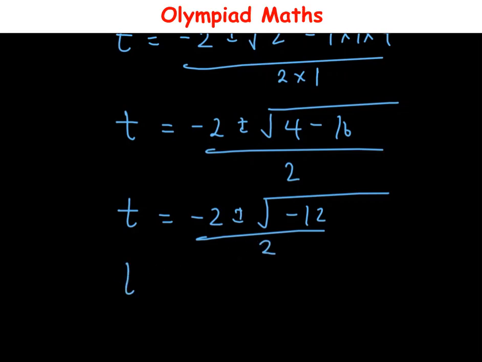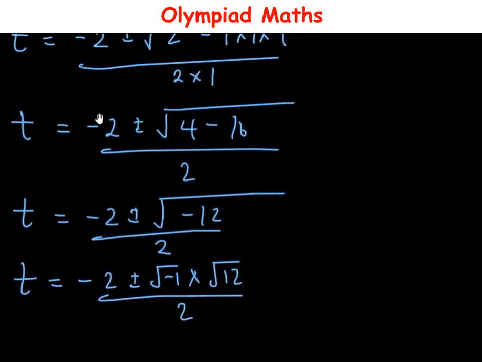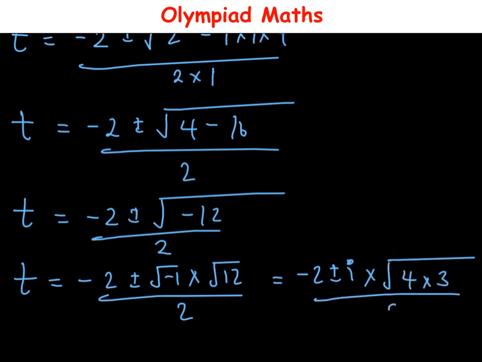The value of t is then equal to minus 2 plus or minus, we can write minus 12 as root minus 1 times root 12, then all over 2. So from here, we can simplify this further to be equal to minus 2 plus or minus root minus 1, which is i, then times root 12, which can be written as root 4 times 3, then all over 2.